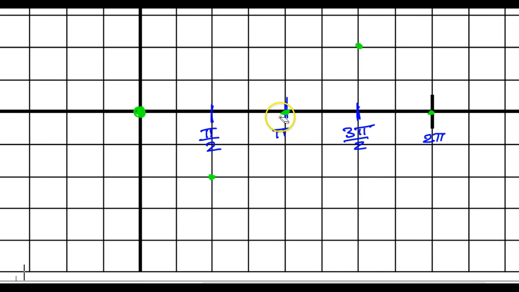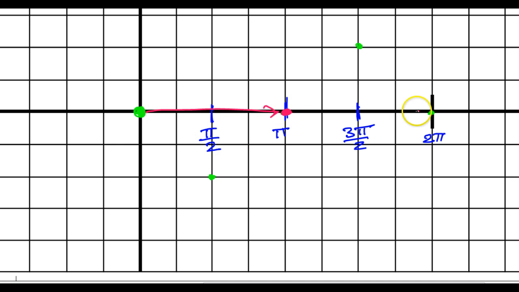Notice that pi is 4 squares worth. So I'm going to take my first square, and I'm going to shift it pi to the right. So this first point is going to end up right here. Now, I can find the rest of the points by following the pattern that I did the first time.